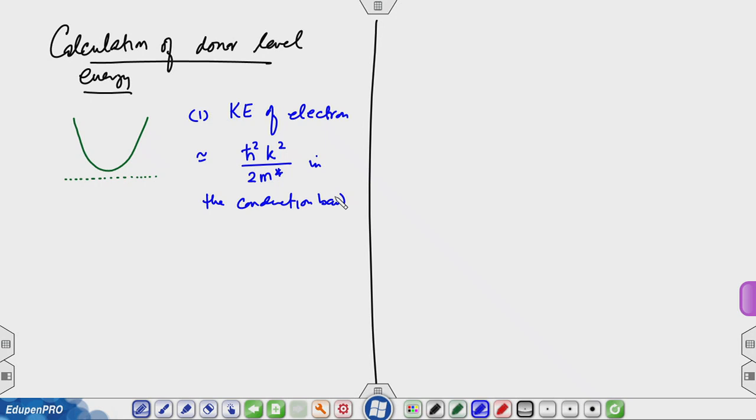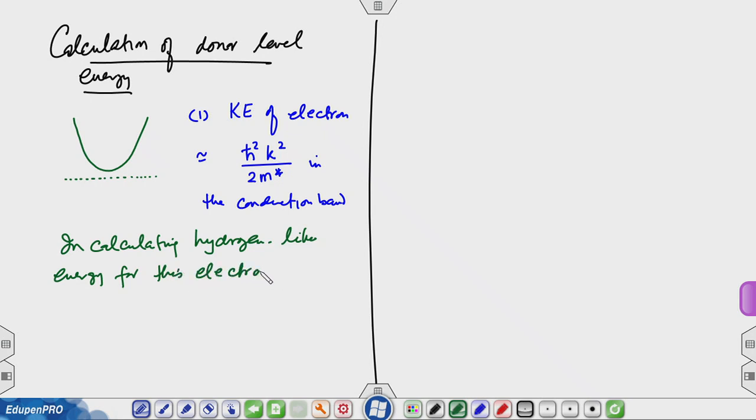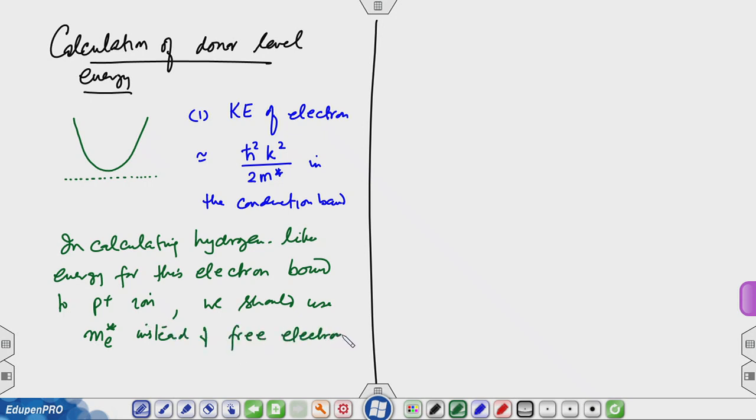So, when it is moving in this conduction band, that means, in calculating hydrogen like energy for this electron bound to p plus ion, we should use m e star instead of free electron mass m e.